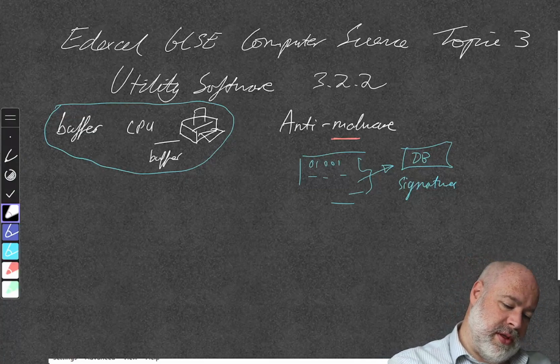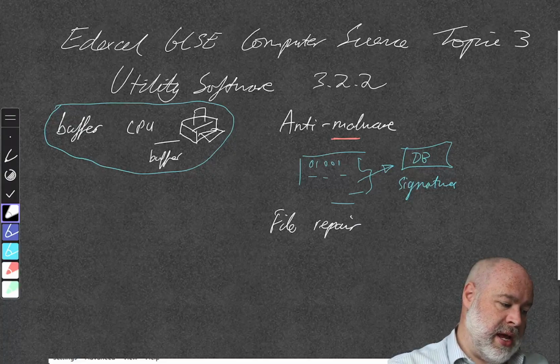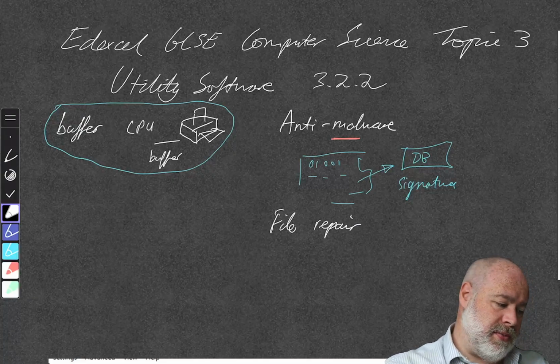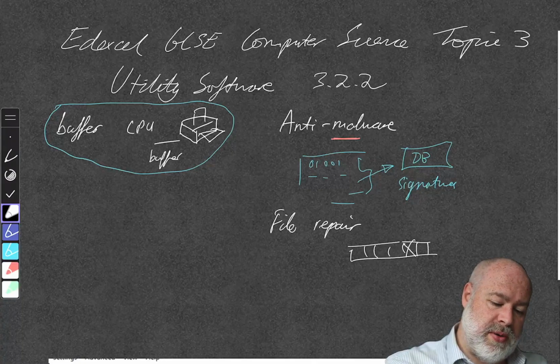There's lots of others, like file repair software utilities. So data can become corrupted, especially if a disk develops a fault. Maybe a little sector on a disk has just corrupted and it's not going to write to that sector properly.